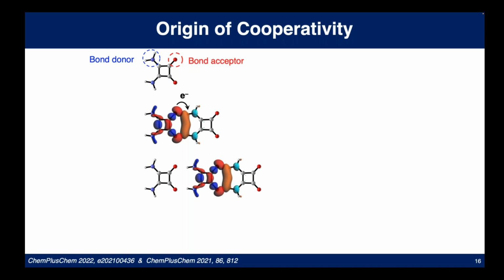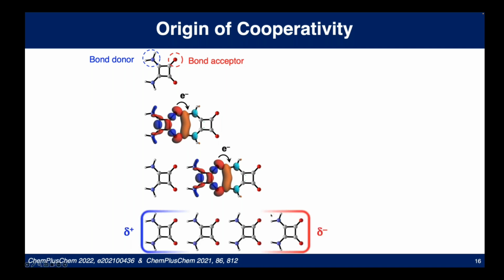If you do that for a longer chain, this becomes larger. Gradually you will have a negatively charged squaramide on one side and a positively charged squaramide on the other side. And adding a new one will just have an enhanced hydrogen bonding.